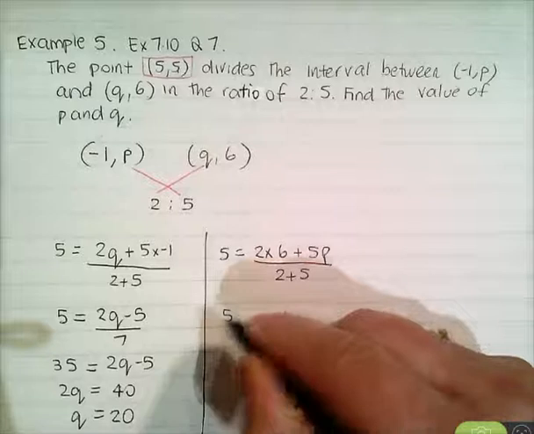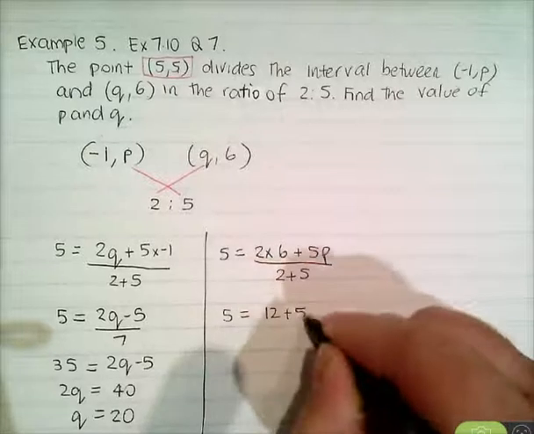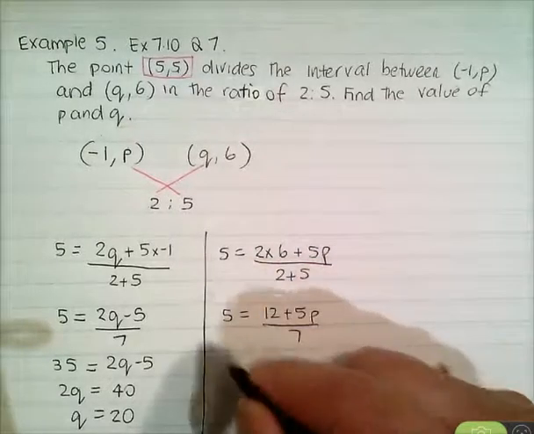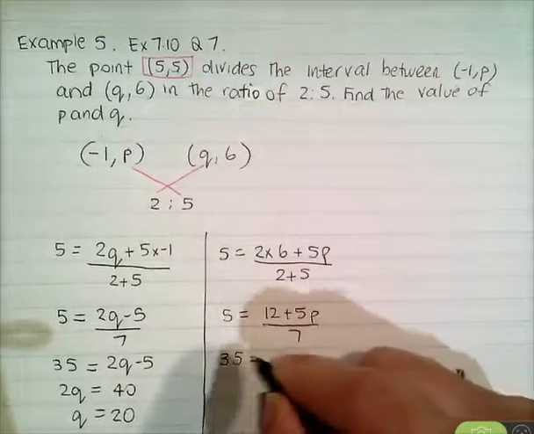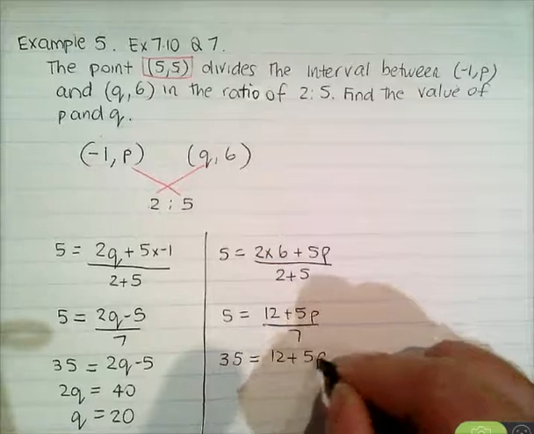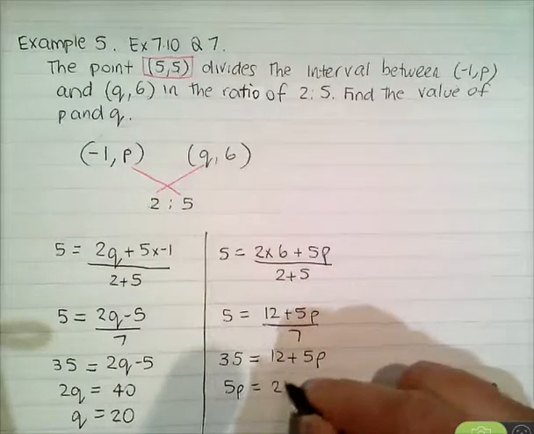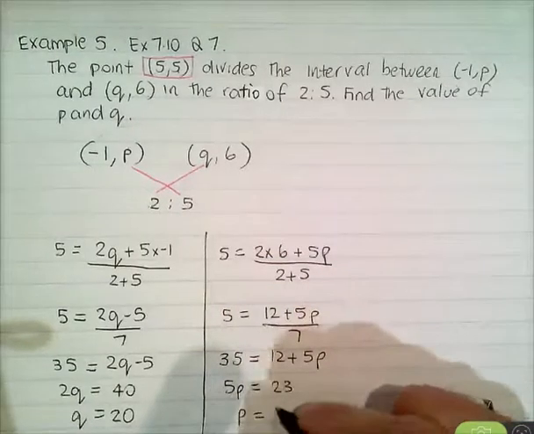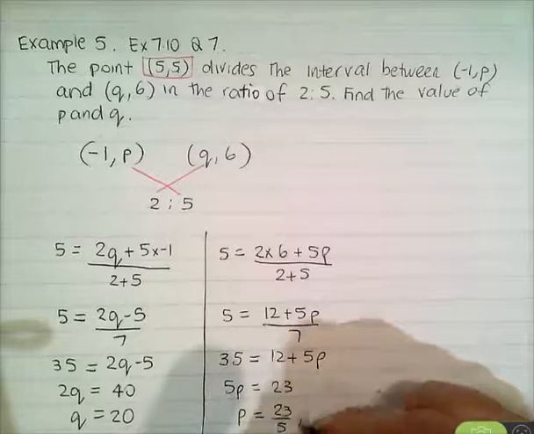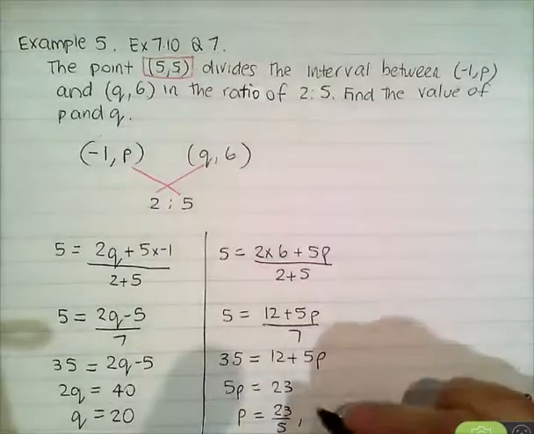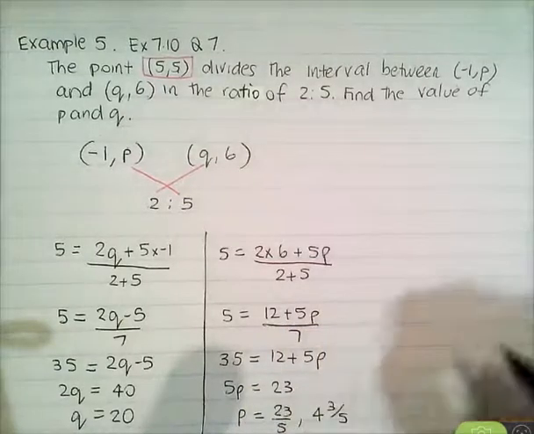So we get that 5 equals 12 plus 5p over 7. Multiplying by 7, we get 35 equals 12 plus 5p. Then we get that 5p equals 35 minus 12, which is 23. And so p is 23 over 5, which is 4 and 3/5.